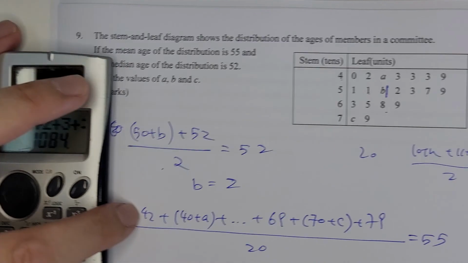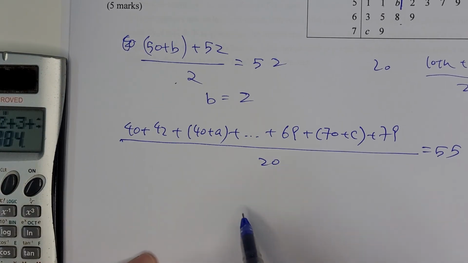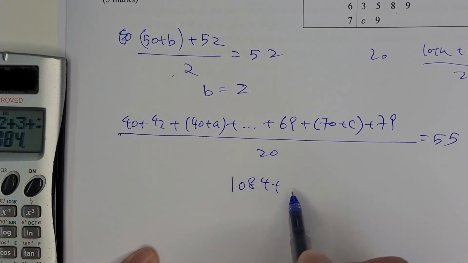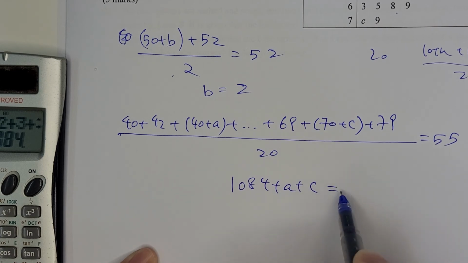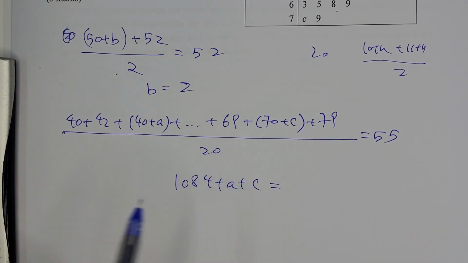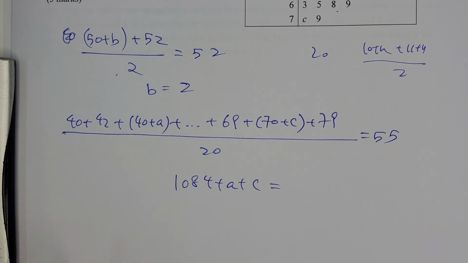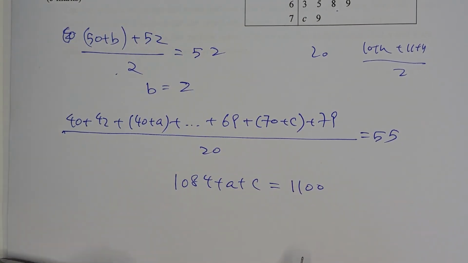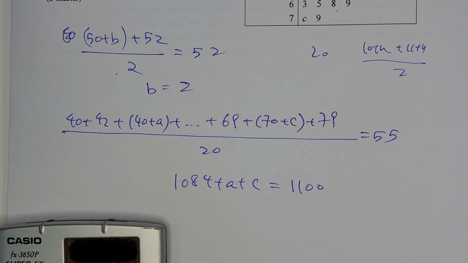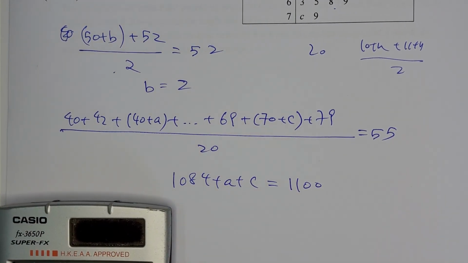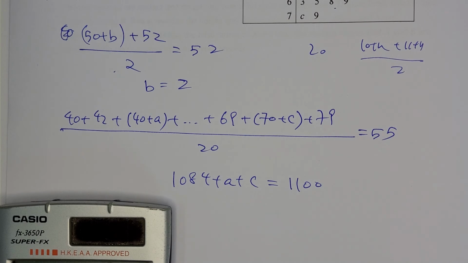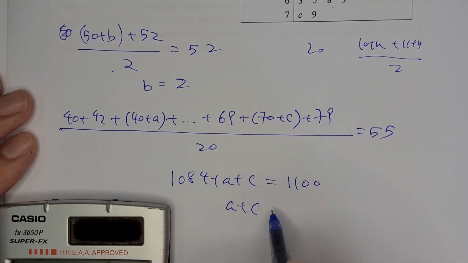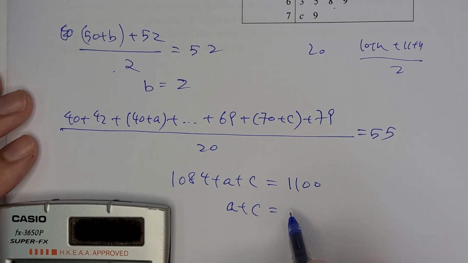The sum of all numbers in the numerator would be 1084 plus A plus C, and then equals 20 times 55. Okay, 1100. So take the subtraction. A plus C should equal 16.